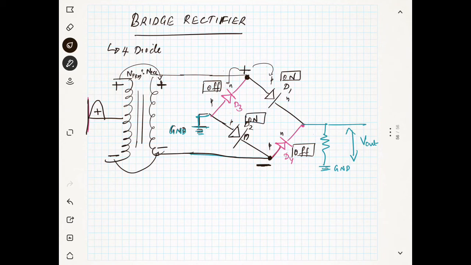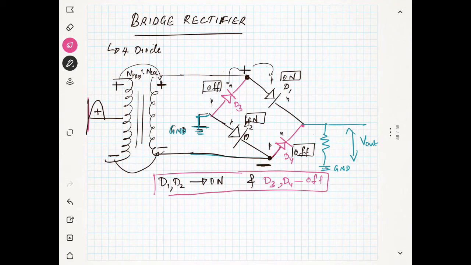So we can say that D1 and D2 both are on, and D3 and D4 both are off. Basically it is off. Now this is the situation during the positive half cycle.